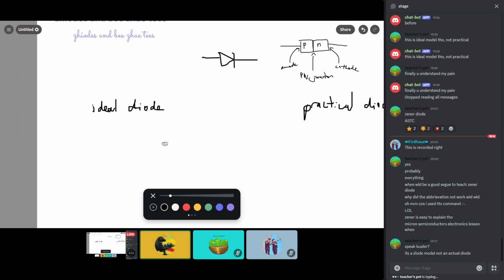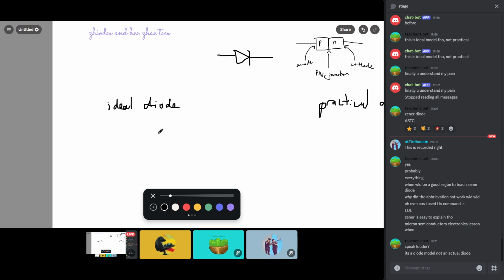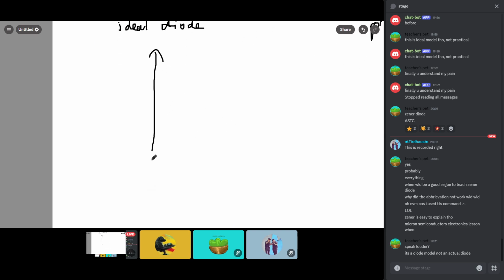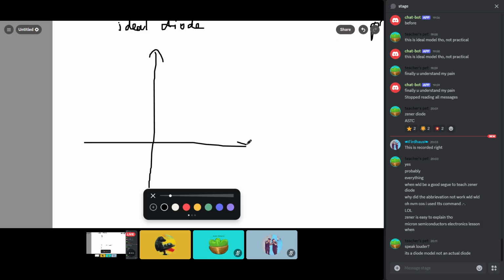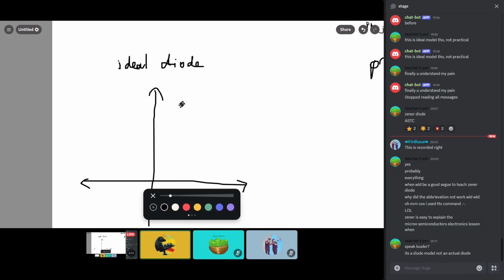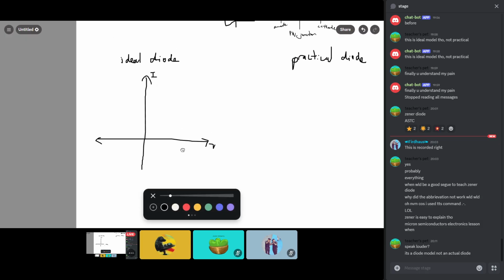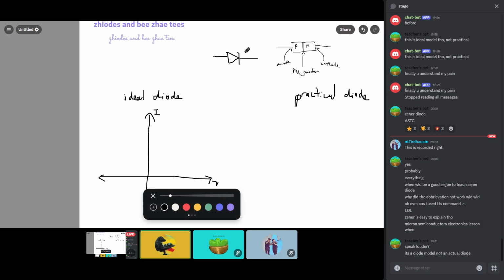So what is an ideal diode? Okay, I'm just going to draw the graph first, and then I'll explain. Okay, so this is current, this is voltage, and in this graph we are observing the characteristics of the diode.